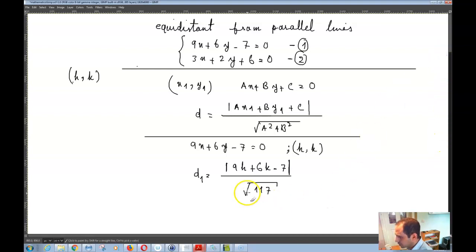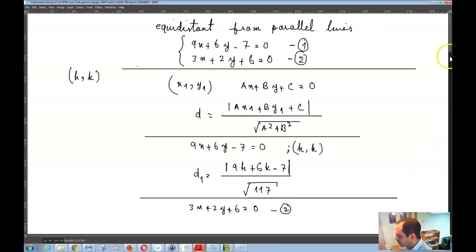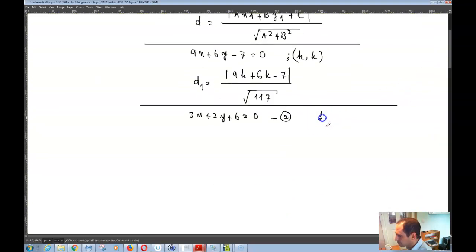Now the second line that I have is 3x plus 2y plus 6 is equal to 0. This is number 2, and the point is again the same, h comma k.